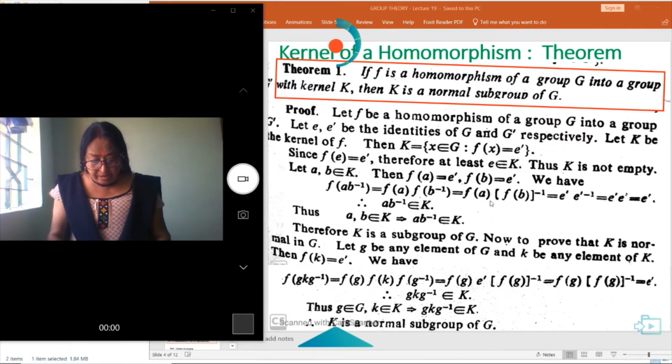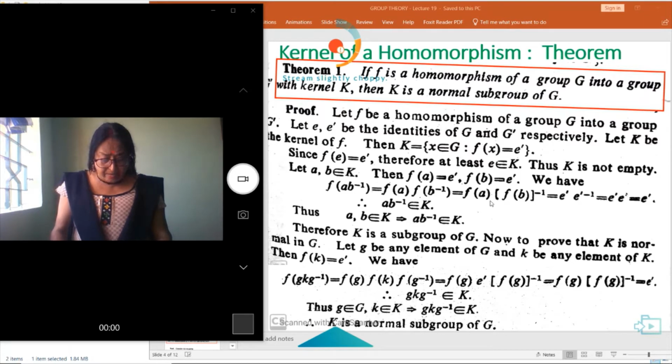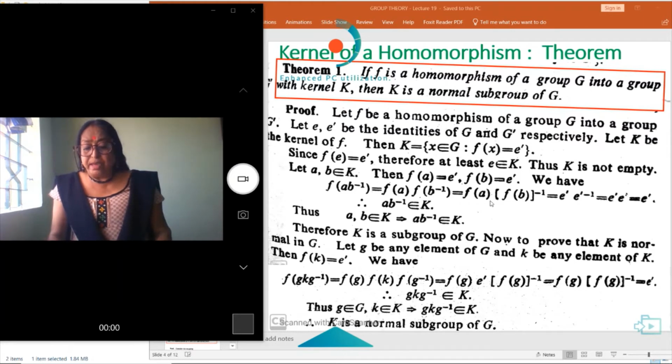So this can be written as f(a) into f(b) whole inverse, and f(a) is e' and f(b) is e', so e' into e'^-1. And so ab^-1 belongs to K because a and b belong to K. This implies ab^-1 also belongs to K. So K is a subgroup of G.